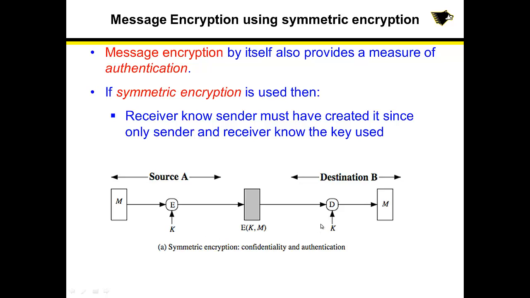That way we can authenticate the sender, because other attackers don't have this key, so they cannot send this message. So the symmetric encryption has two functions. One is that it can make the message confidential. The second, it also can be used to authenticate the sender, to verify who sent this message.